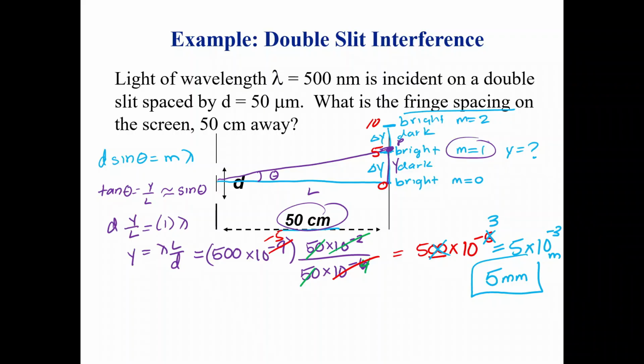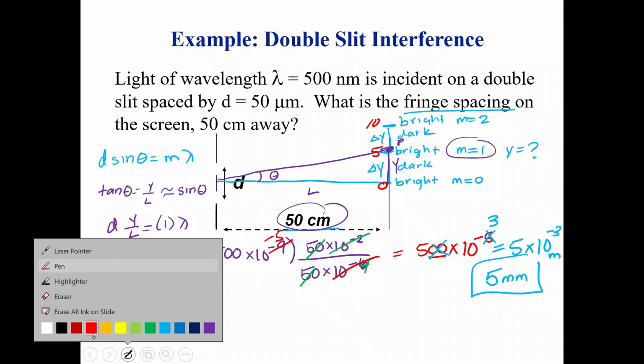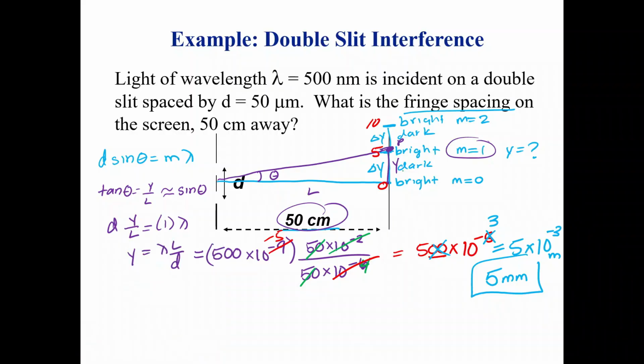We could do the same thing with the dark fringes if we wanted to find the dark fringes. What would end up happening is if I was to try and use the dark fringe formula, that's d sine theta is equal to m plus a half times lambda. Sorry, I've got a little bit of a delay right here. So our m is still based on our bright fringes.